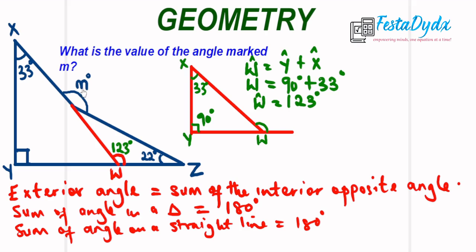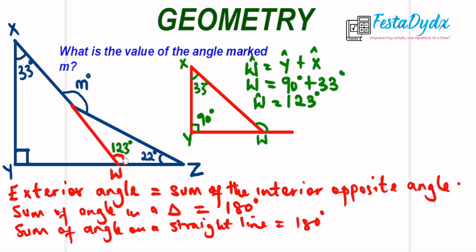But the method I would love us to use is still the exterior angle, which is equal to the sum of interior opposite angles, which is going to give us a straightforward answer because this M is an exterior angle for these opposite interior angles. These are the interior angles of this triangle and M is the exterior angle.